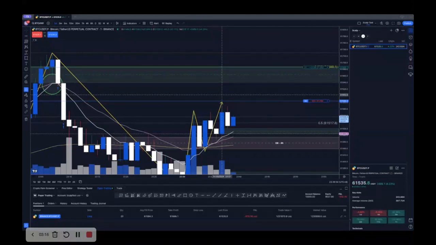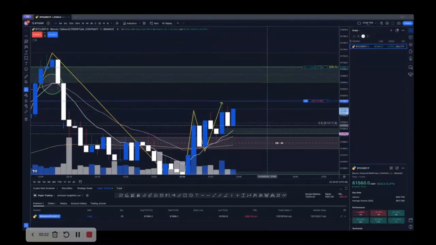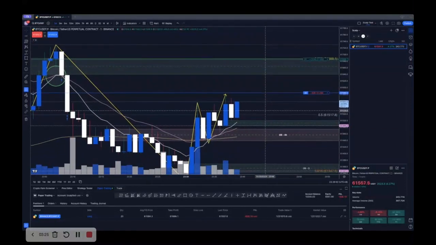Okay, good. If we close above this line, this candle body, we have formed a new order block. And of course, it decides to come down. Couple more seconds.